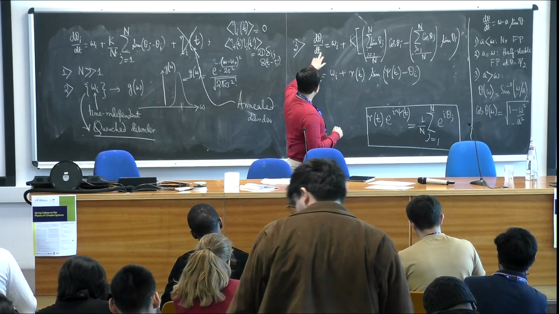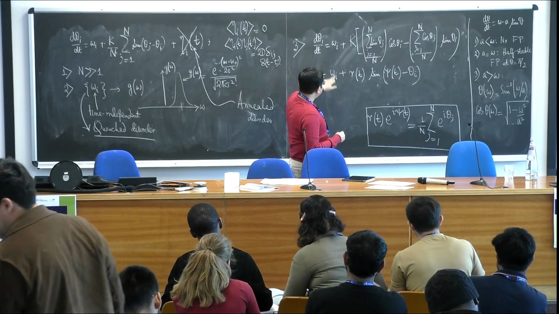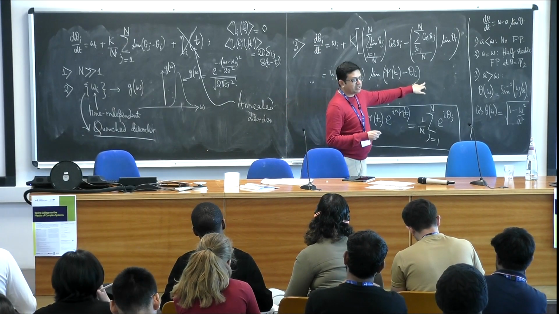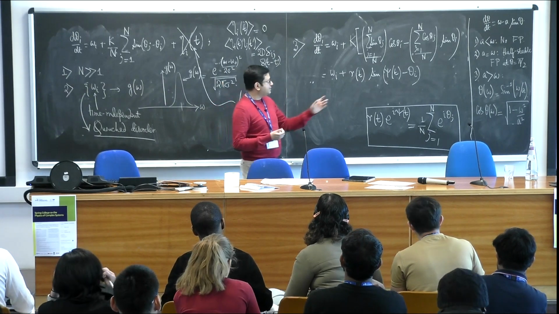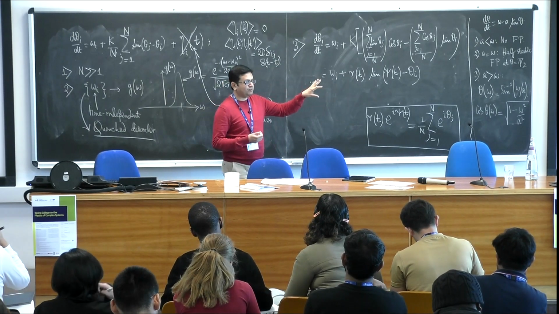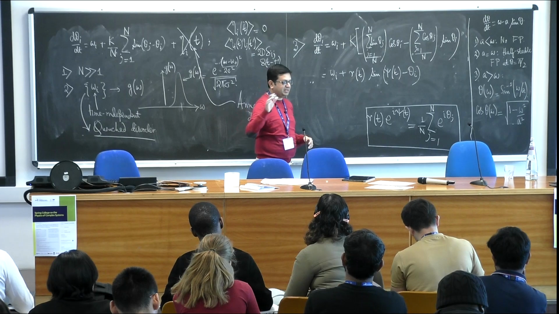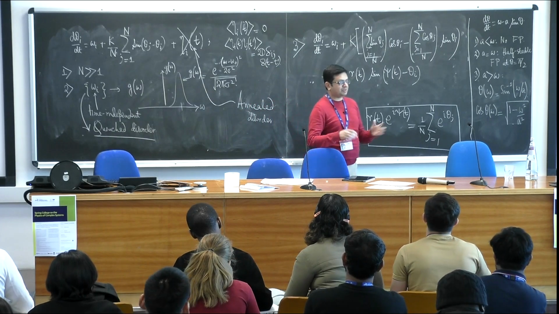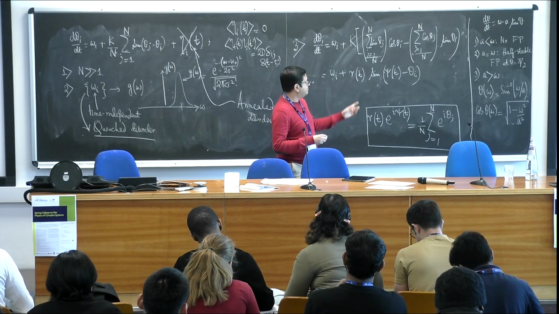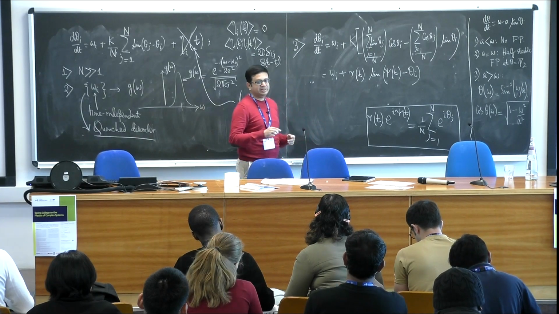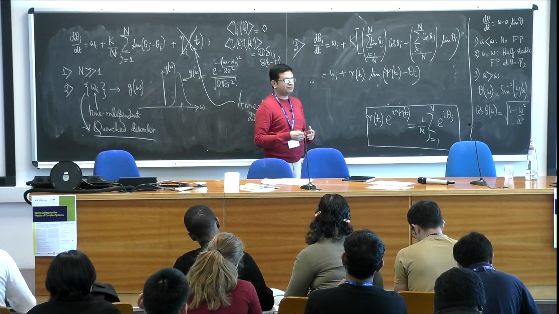Because on the left hand side I have i, and on the right hand side also I have only i. j has disappeared. So it seems as though I can study this model for i equal to 5 and i equal to 7 and i equal to 15 and so on. I can assign one of you to solve the equation of motion for i equal to 1, another one for i equal to 5, and that's it.